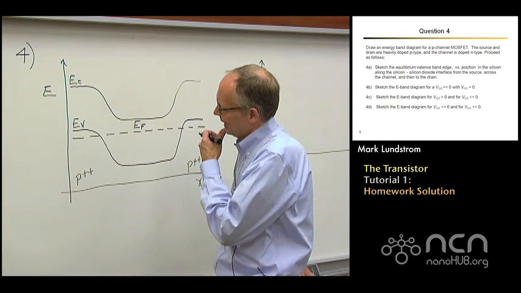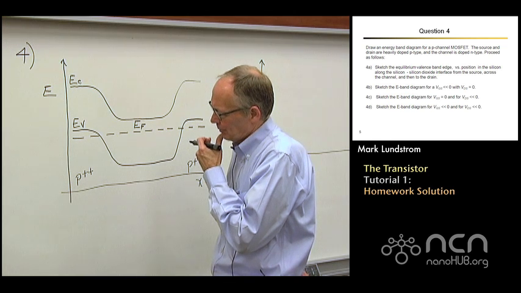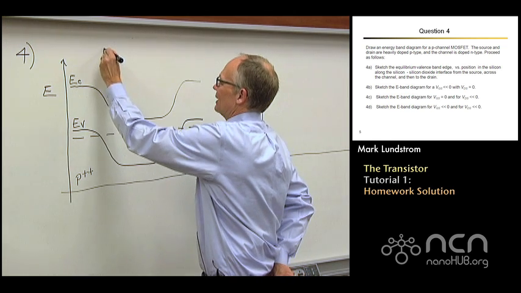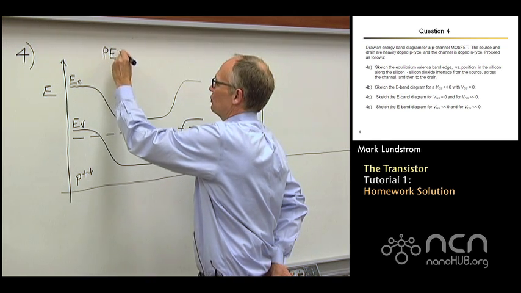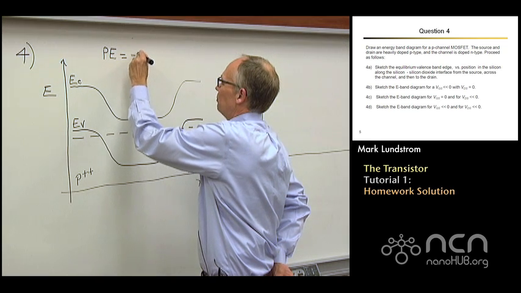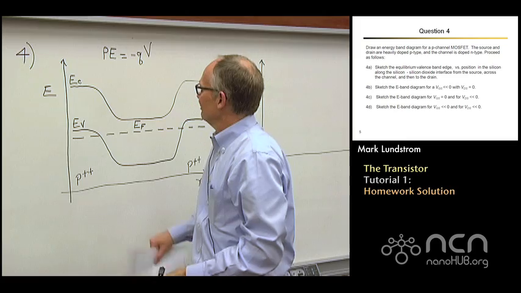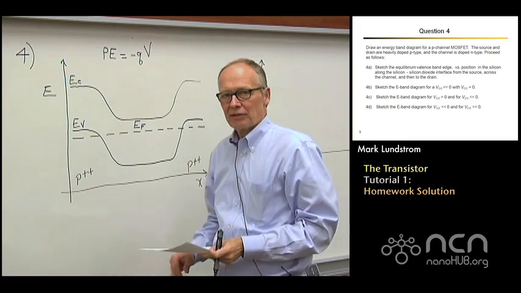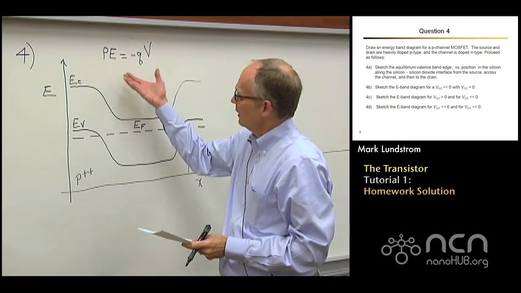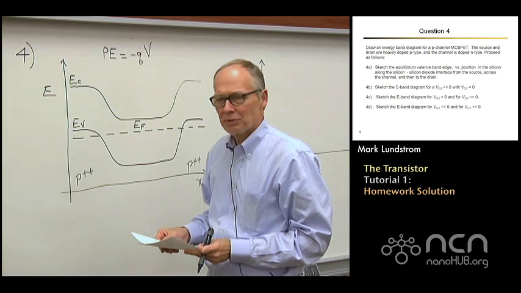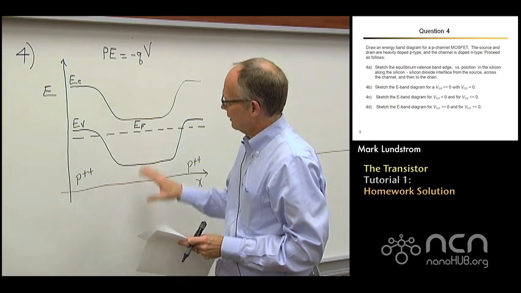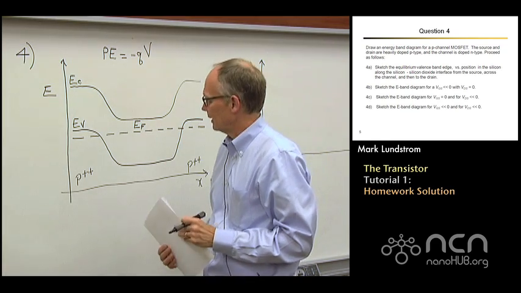And the key to thinking about that is to remember that the potential energy of an electron is minus Q times the electrostatic potential. So minus because the electron has a negative charge. This is something that we usually discuss in freshman physics, and it's all we need to get the energy band diagram right.